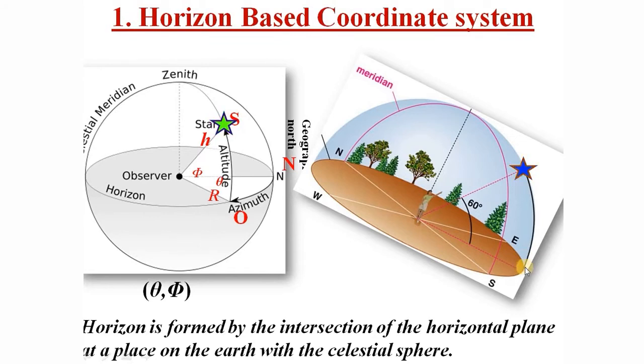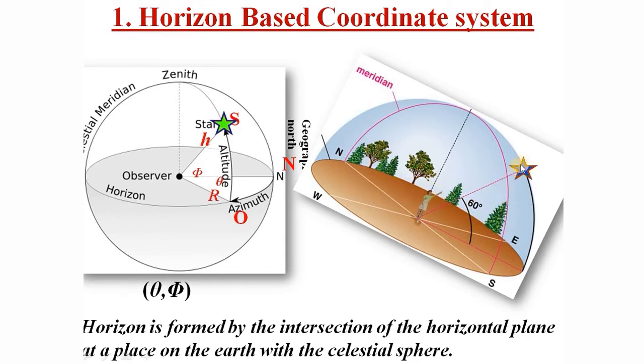Suppose you mark this point as X. The angle measured from the geographical north to this point is the first angle. You can call it the horizon angle or the azimuth angle. The astronomers' favorite name is azimuth angle. So this azimuth angle is one of the coordinates.